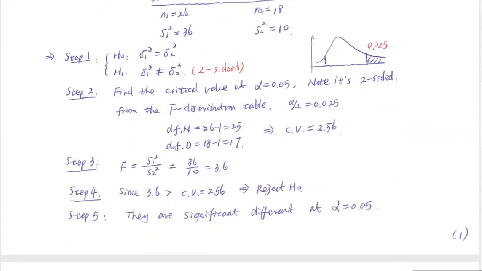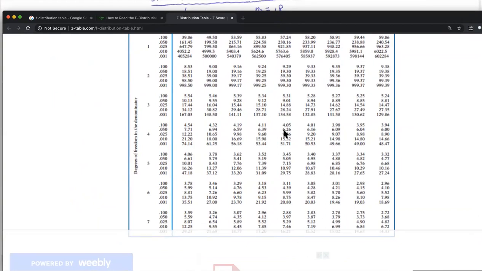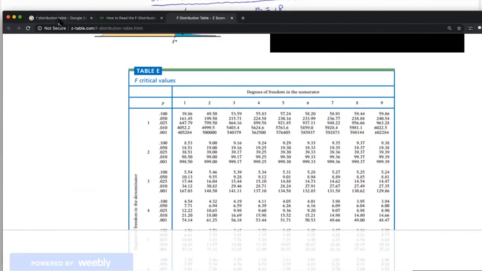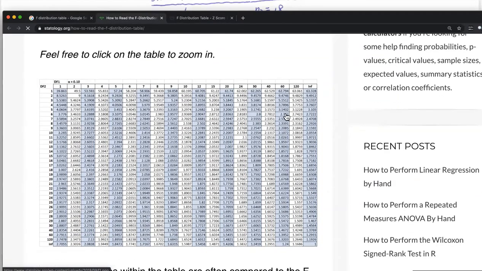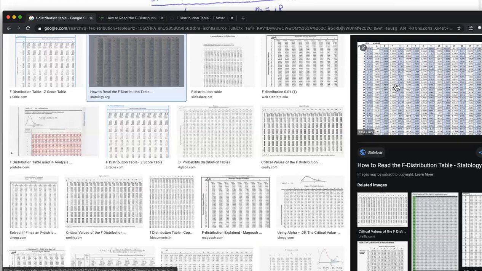Let me show you what the F distribution table looks like here. This is one of the examples I found on Google, an F distribution table. This is one of them here, everybody. So you see they have DF1, DF2, right? There are so many different tables here. If you Google F distribution table, it gives you quite a few different ones, right?